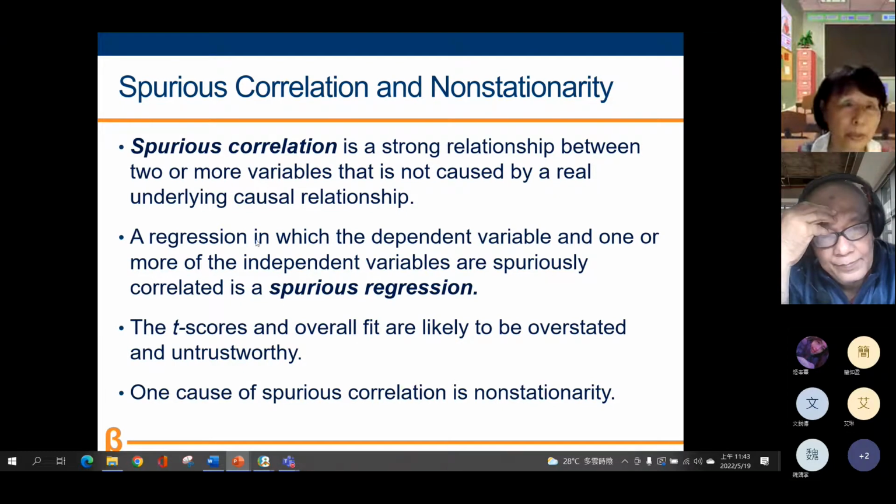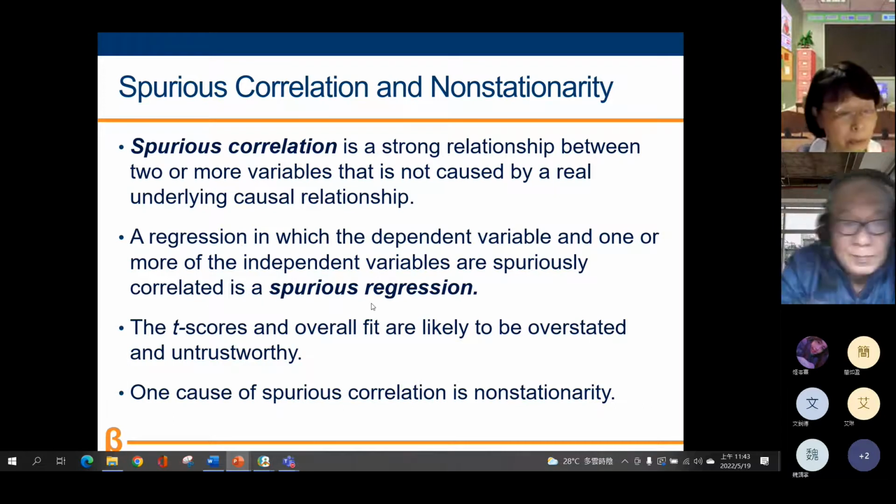A regression in which the dependent variable and one or more independent variables are spuriously correlated is what we call spurious regression.